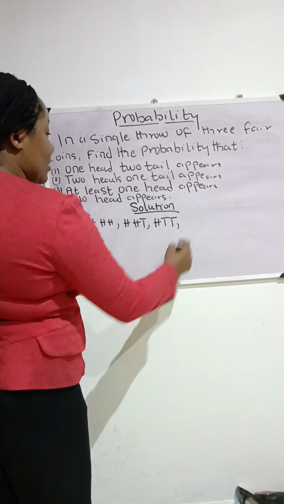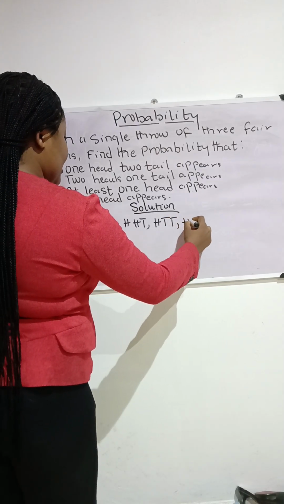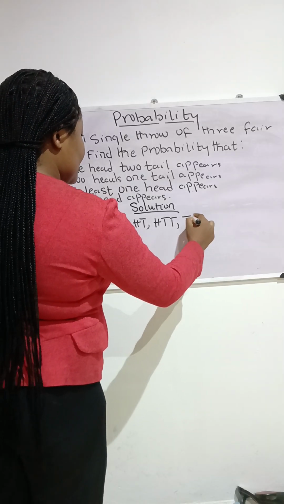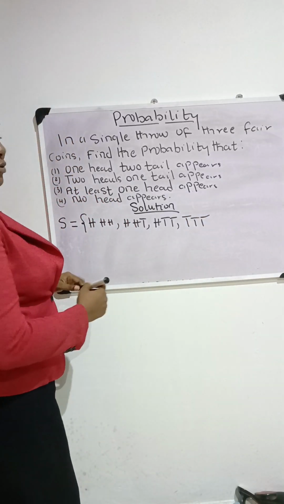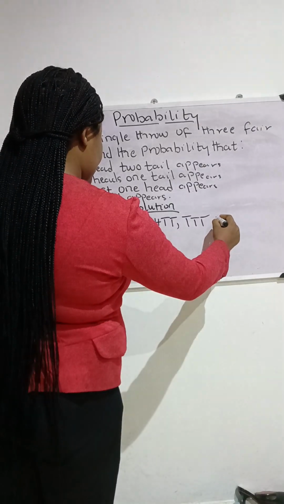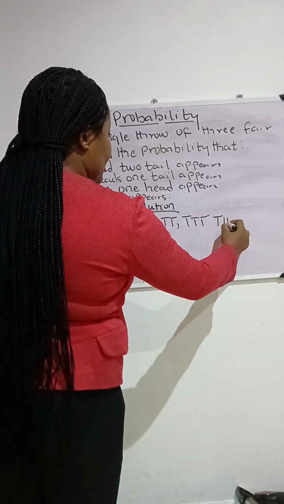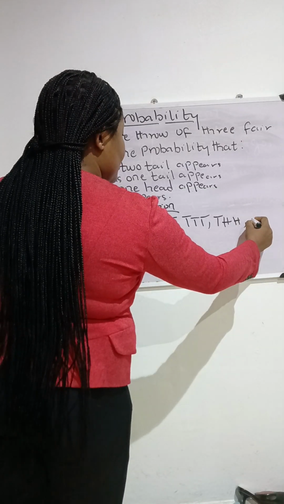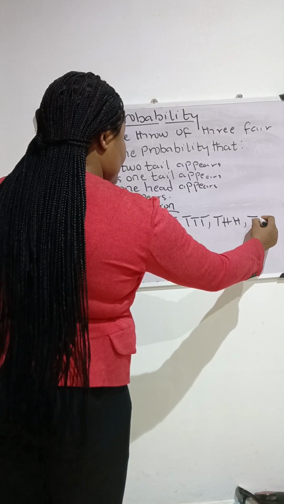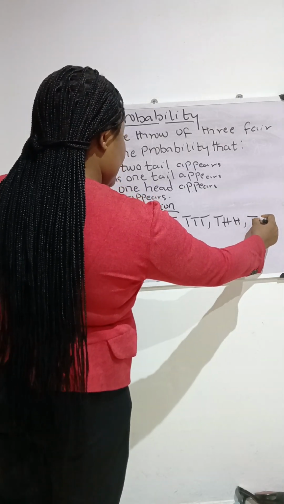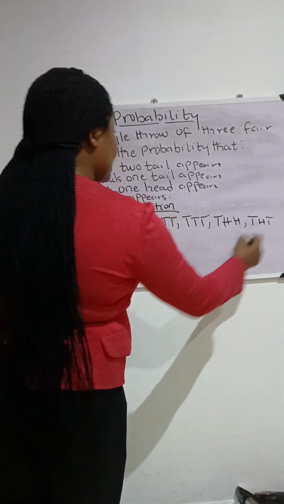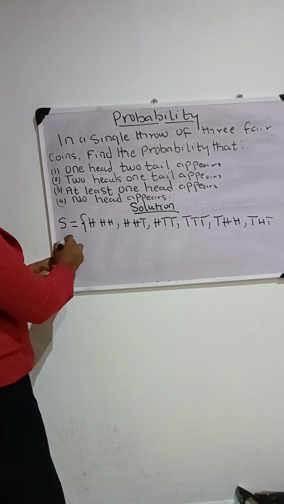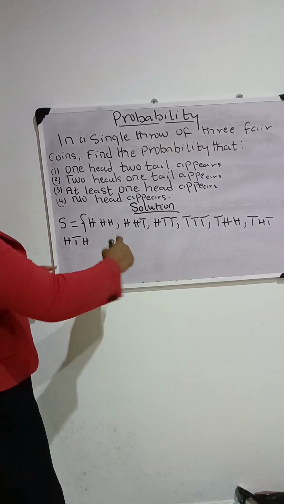There's a possibility that we'll have head, tail, tail, tail. There's a possibility that we'll have tail, head, head. There's a possibility that we'll have tail, tail, head, tail. There's a possibility that we would have head, tail, head.